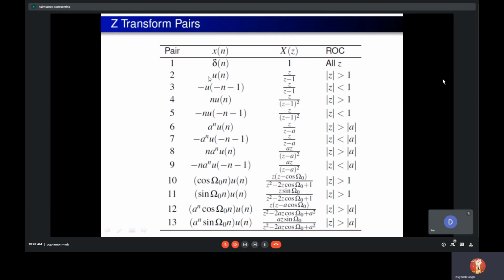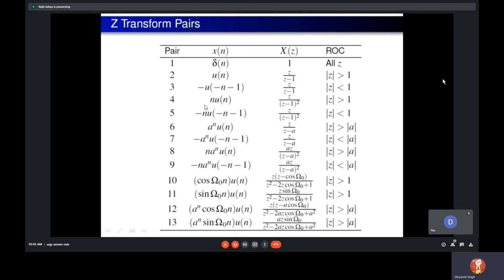A causal sequence is generally given as alpha to the power n u of n, and an anti-causal sequence is minus beta to the power n, with beta again 1 here. These two are identical. If you see the expressions, they're identical, but their ROCs are different. All of you can see my cursor, right? So see their ROCs.